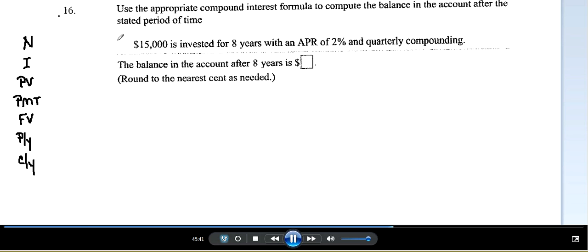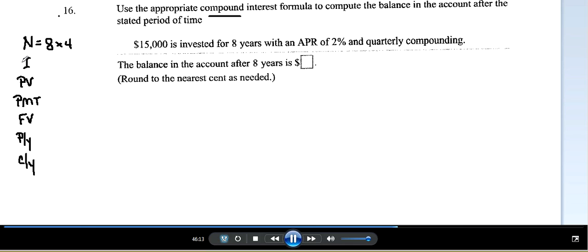Okay, number 16. Use the appropriate compound interest formula to compute the balance in the account after the stated period of time: 15,000 invested for 8 years with an APR of 2% and quarterly compounding. So the N here is going to be 8 years times quarterly compounding, which is 4, so 8 times 4.